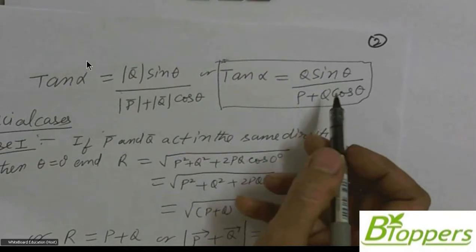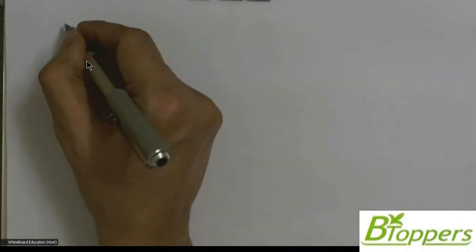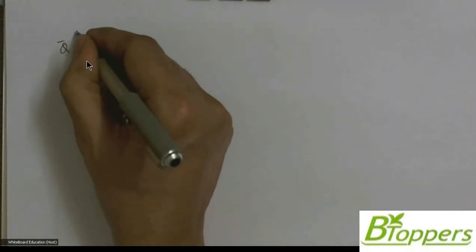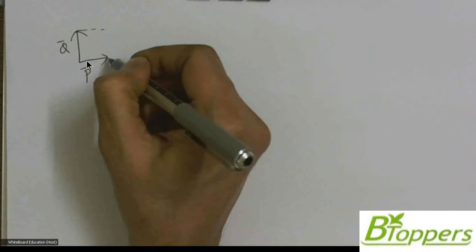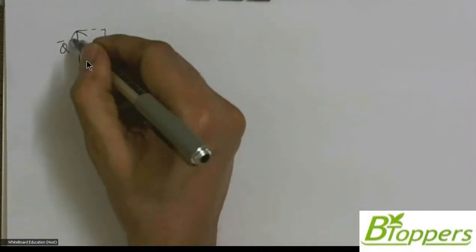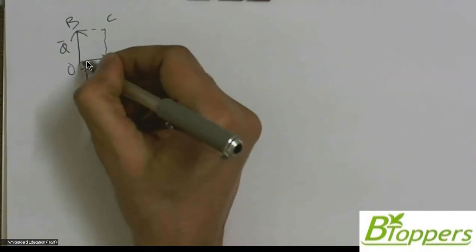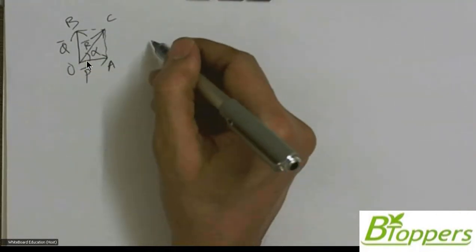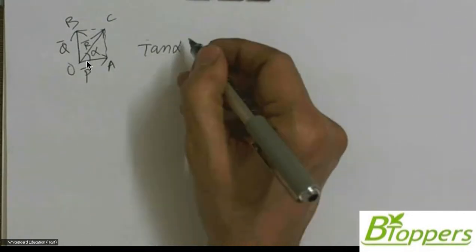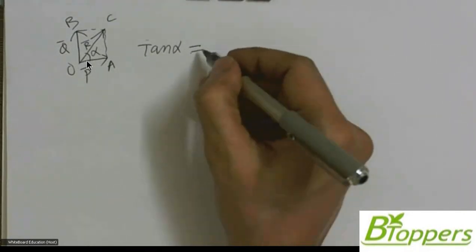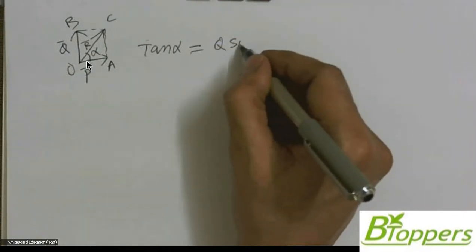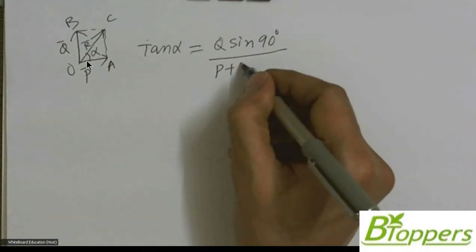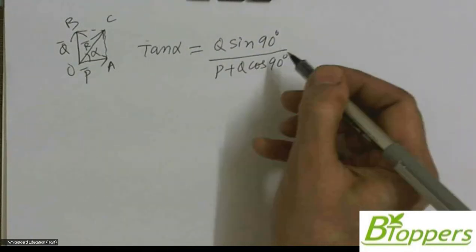So in the present case 3, p bar is perpendicular to q bar, so theta is 90 degrees.